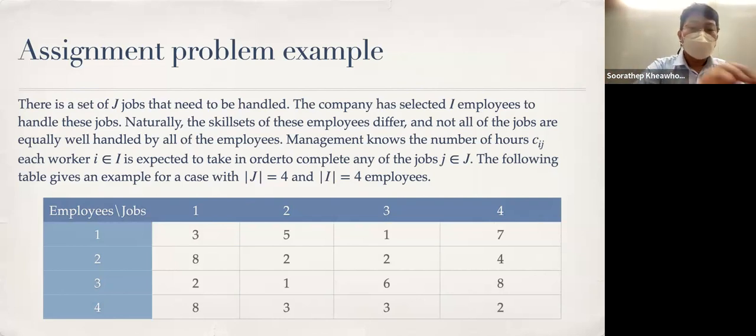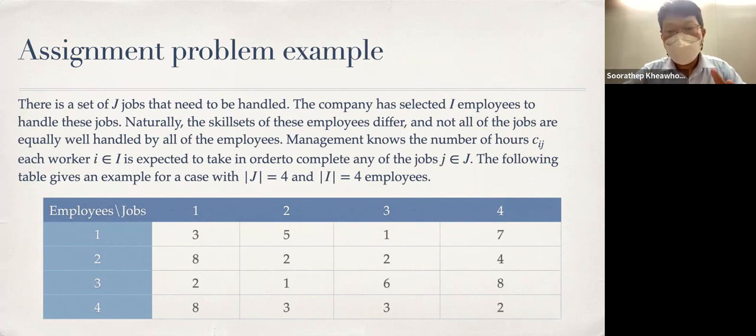So for this assignment problem, there is a set of J jobs that need to be handled. The company has selected I employees to handle these jobs. Naturally, the skill sets of these employees differ, and not all of the jobs are equally well handled by all of the employees.